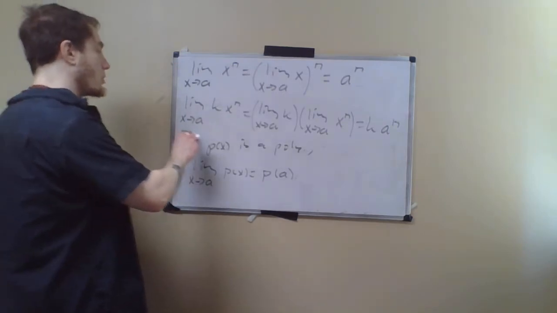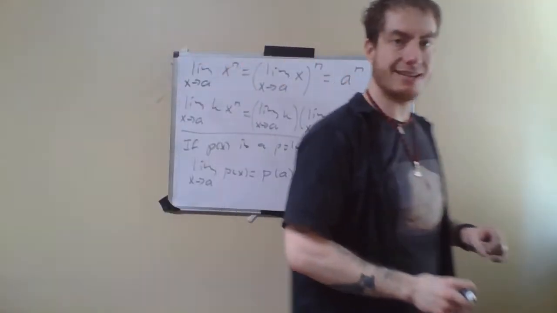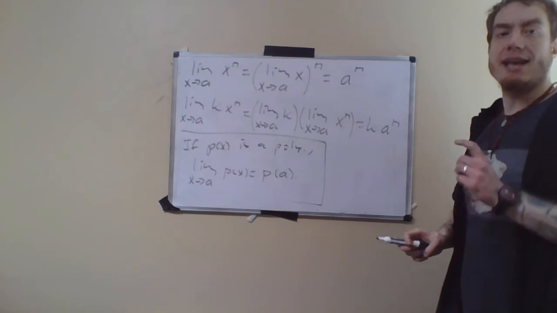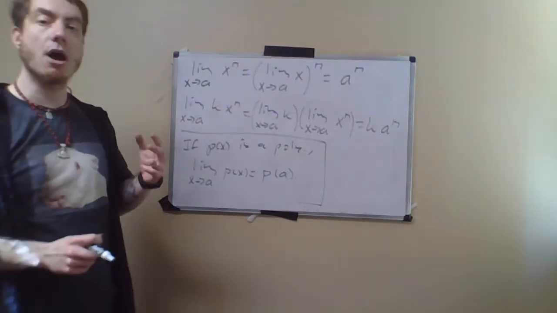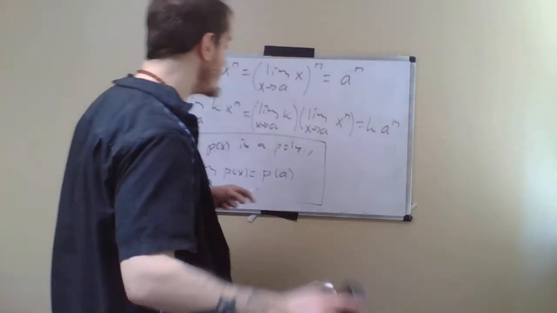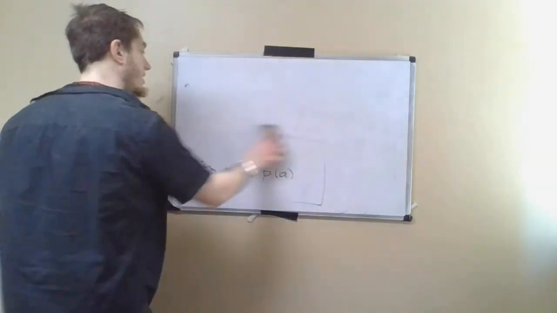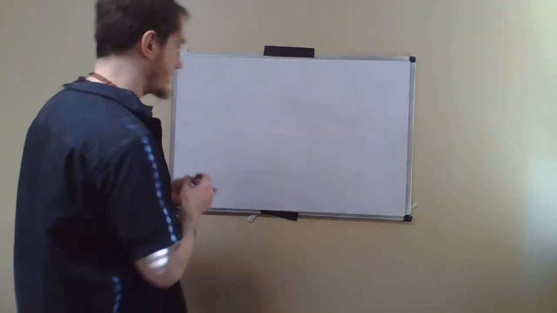So this is another one of our limit laws. Now, it's not one of our fundamental limit laws. It's not one that we need to go back to the definition in order to prove. It actually follows from our limit laws for sums, differences, and products. We don't actually need quotients yet. And now that we have this limit law for polynomials, we can say the same thing is true for rational functions in most cases.